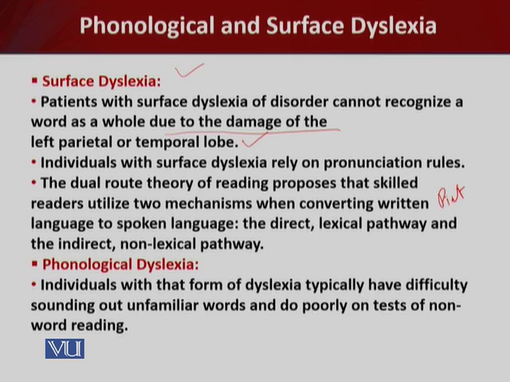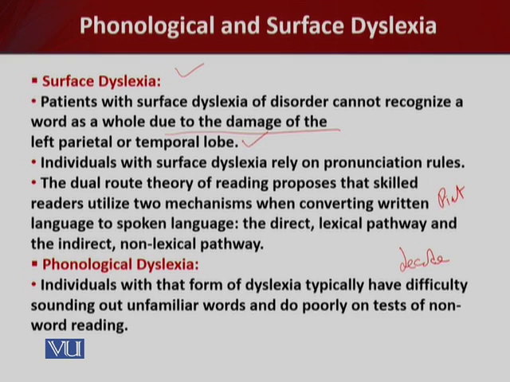This makes it difficult to sound out, or decode, words. Most kids with reading issues have some degree of phonological dyslexia. It's also sometimes referred to as dysphonetic dyslexia.